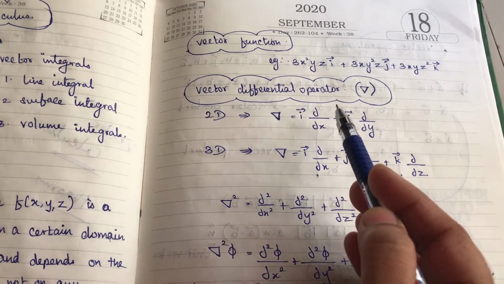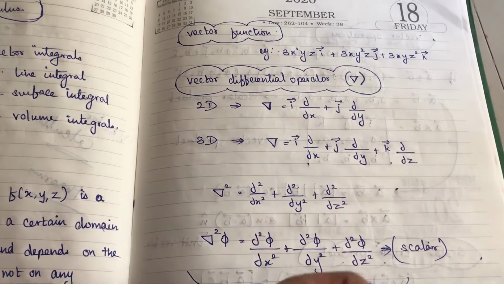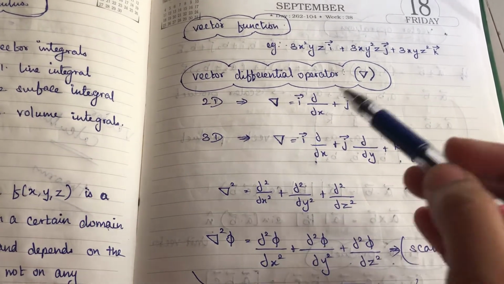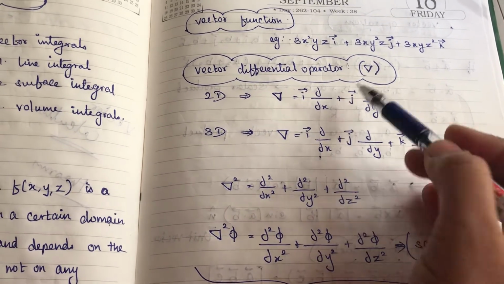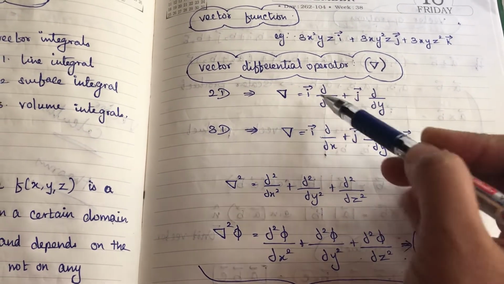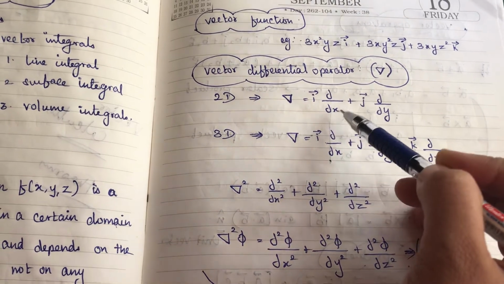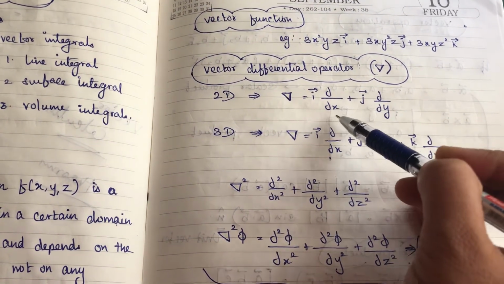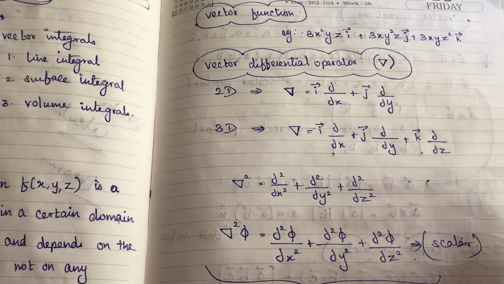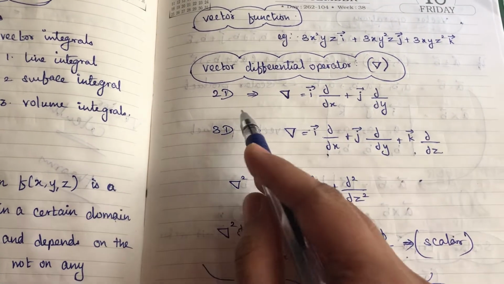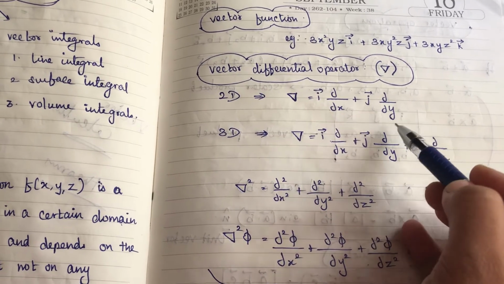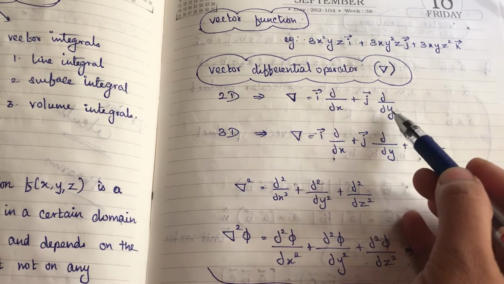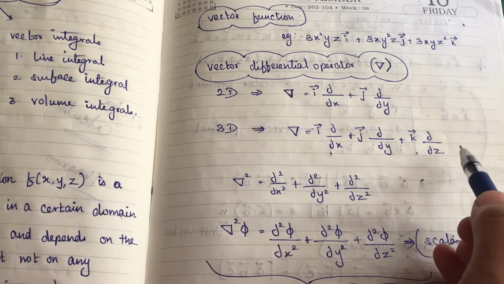Vector differential operator. What is this? This is nothing but del. Del means we need to differentiate with respect to x or y. If it is 2D, we have dou by dou x, dou by dou y, two terms. If it is 3D, three terms.